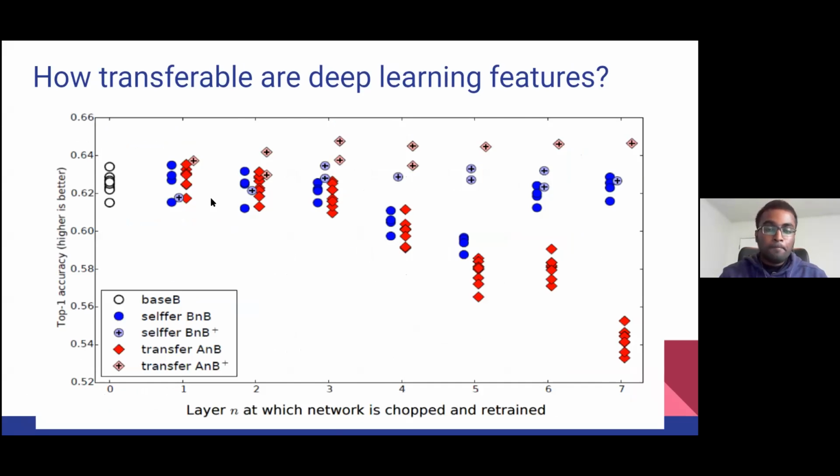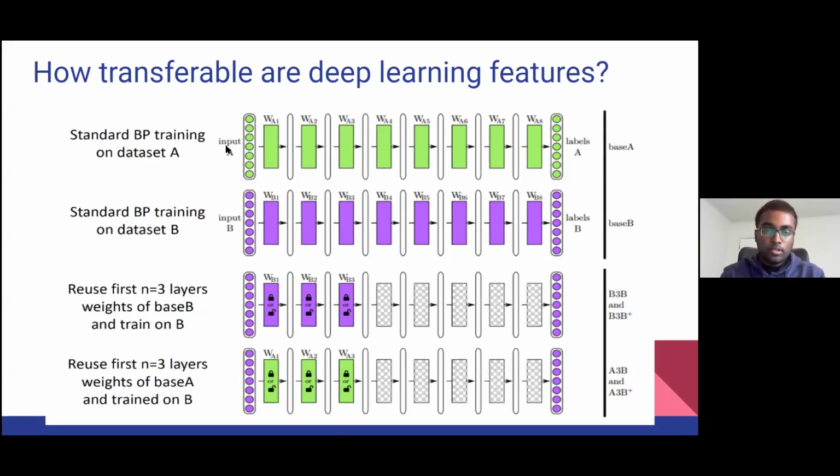The first one which you can see on the top is the base A network. That is, the model is trained on the dataset A. The second one is the model trained on dataset B. The third one is the first n layers; in this case, 3 is the number of layers.